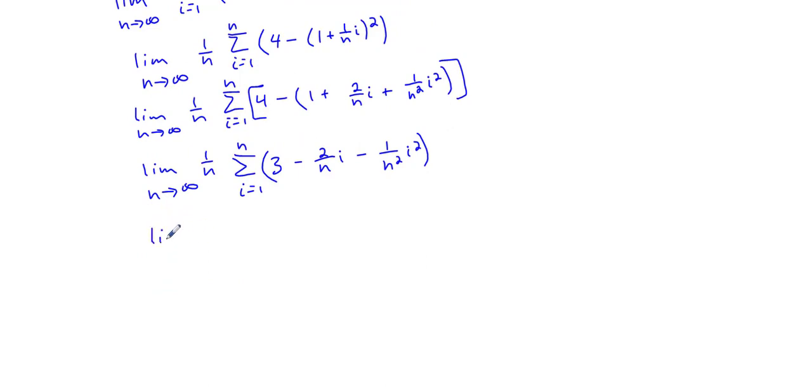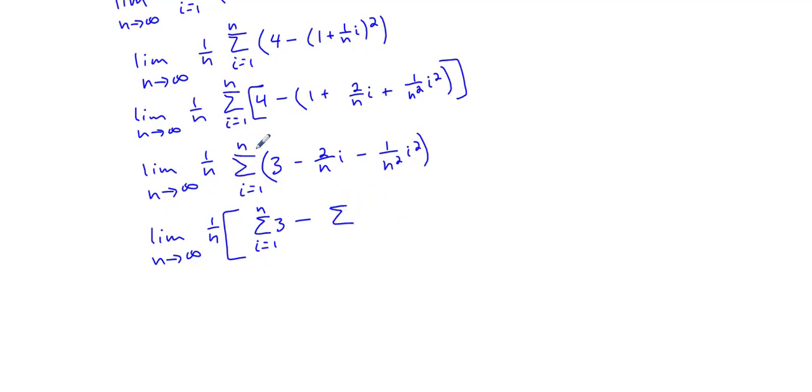Okay, limit as n goes to infinity, 1 over n. We can basically distribute our sigma through the sum or difference. So that'll be the sum i equals 1 to n of 3, minus the sum.